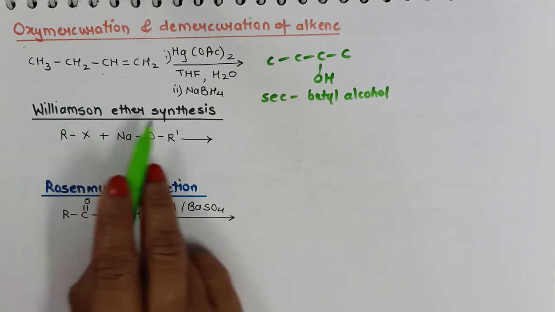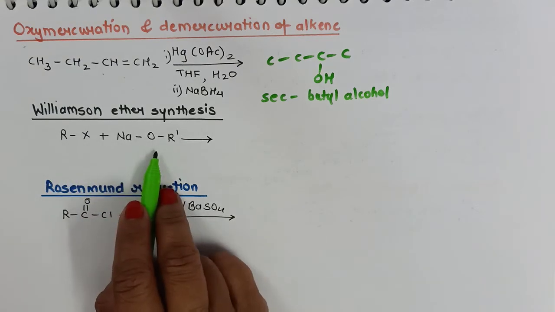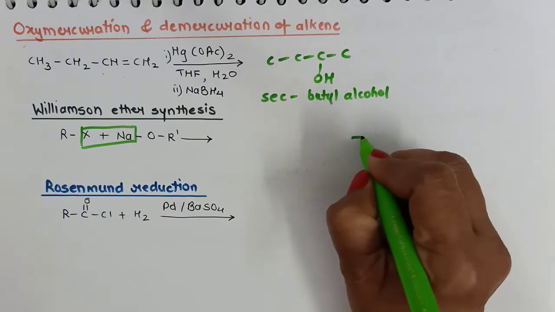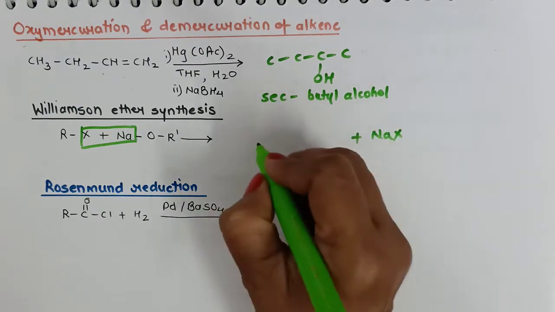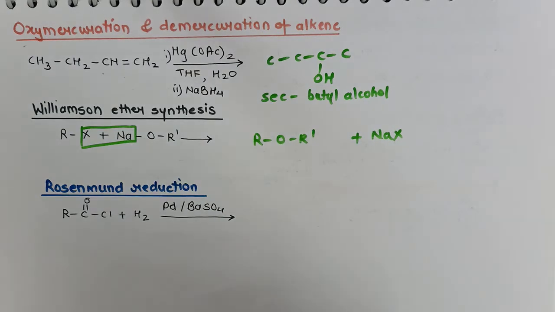Moving on to the next one, Williamson ether synthesis. The name itself indicates that it is a reaction where ethers are synthesized. The haloalkane is treated with sodium alkoxide. NaX will be the byproduct. And the ether can be obtained by this reaction.